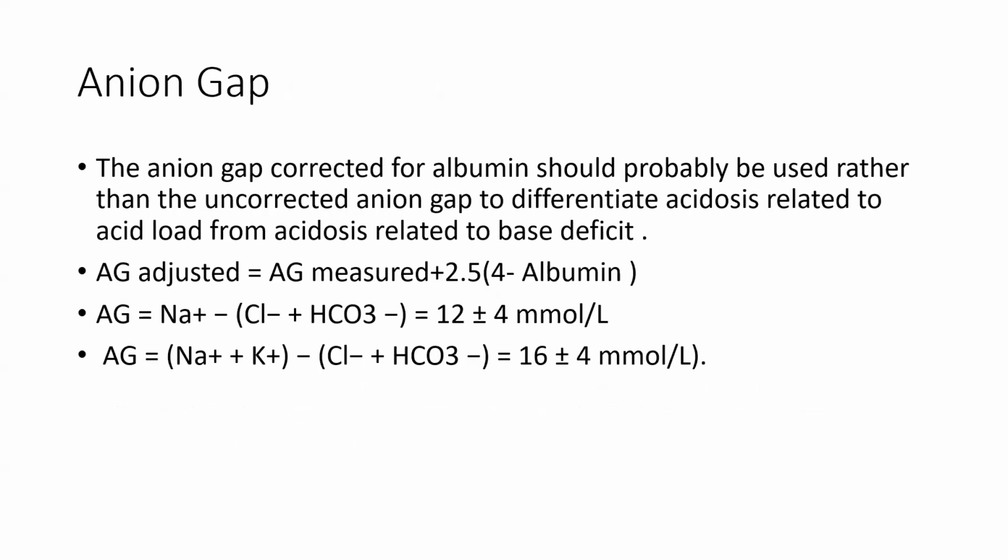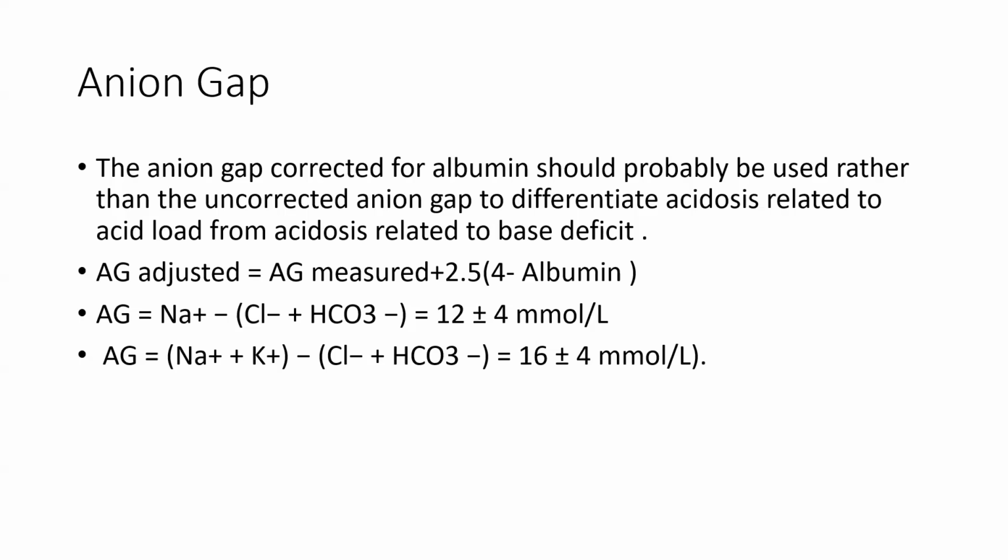So, next step. If we diagnose metabolic acidosis, then to find the further cause, we need to know the anion gap. The anion gap corrected for albumin should probably be used rather than the uncorrected anion gap. The adjusted anion gap is the measured anion gap plus 2.5 × (4 minus albumin).